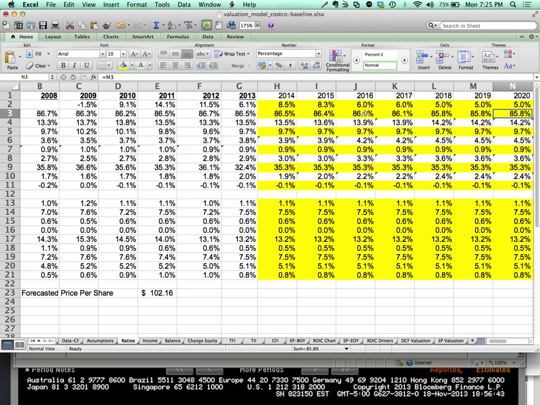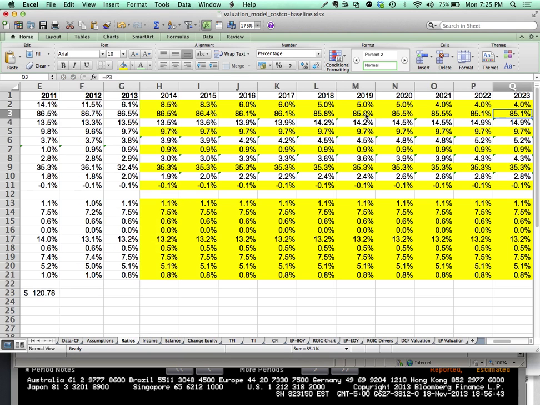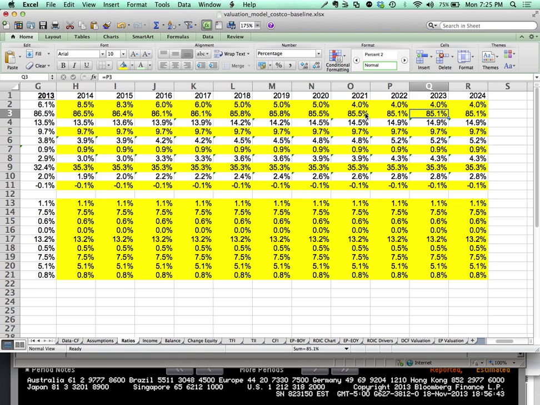And what if a couple years later, they went to 85.5? And then they went to, I don't know, 85.2? 85.1? And by the continuing value period, they went to 85.